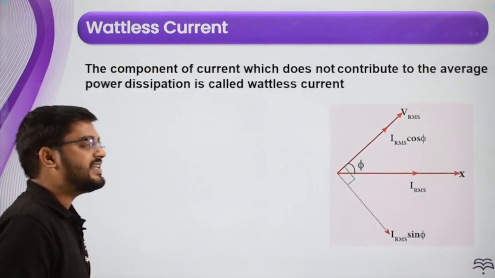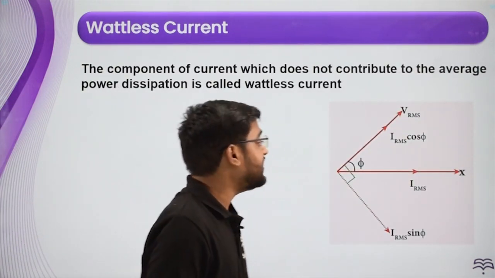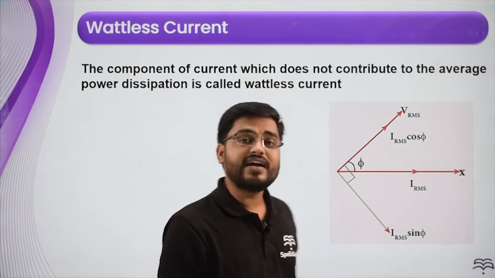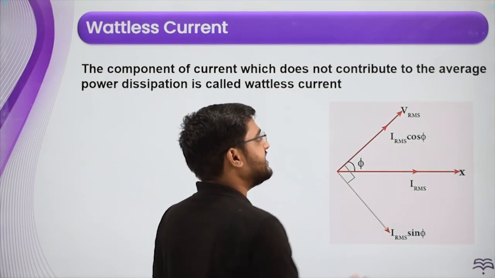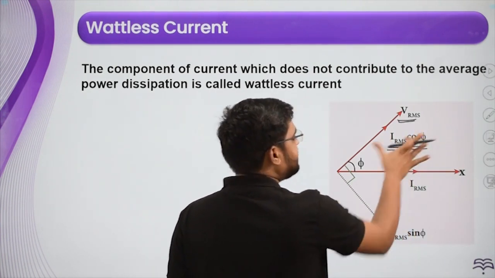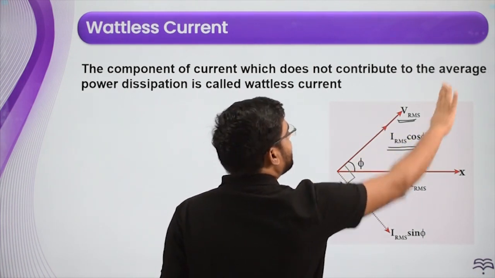Now, wattless current. So what is wattless current? At the start we discussed how we define power for an AC circuit. Power is defined as Vrms into Irms cos phi. What is Irms cos phi? The component of the current along the Vrms.